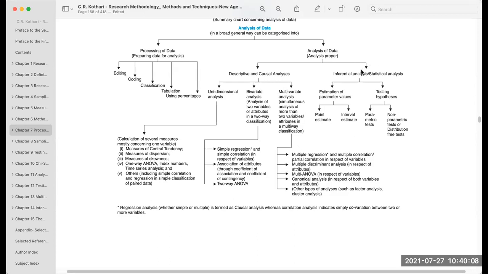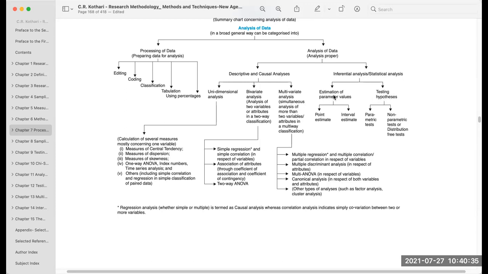Now this is the descriptive and the causal analysis, okay? Inferential means there is data from which you want to infer something, based on statistical tests. Already we have covered hypothesis testing, only up to the basic levels, okay?